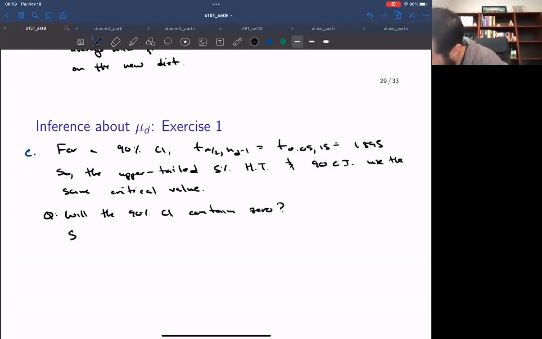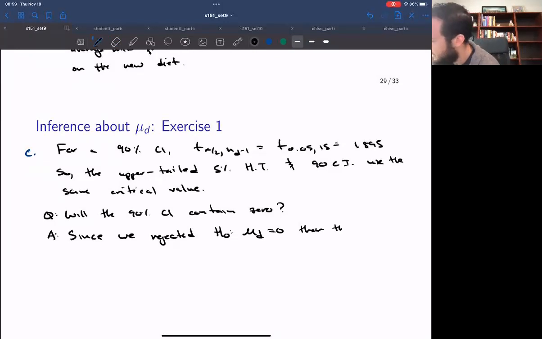So since we rejected H0, mu d equals 0, then the interval will not contain 0.